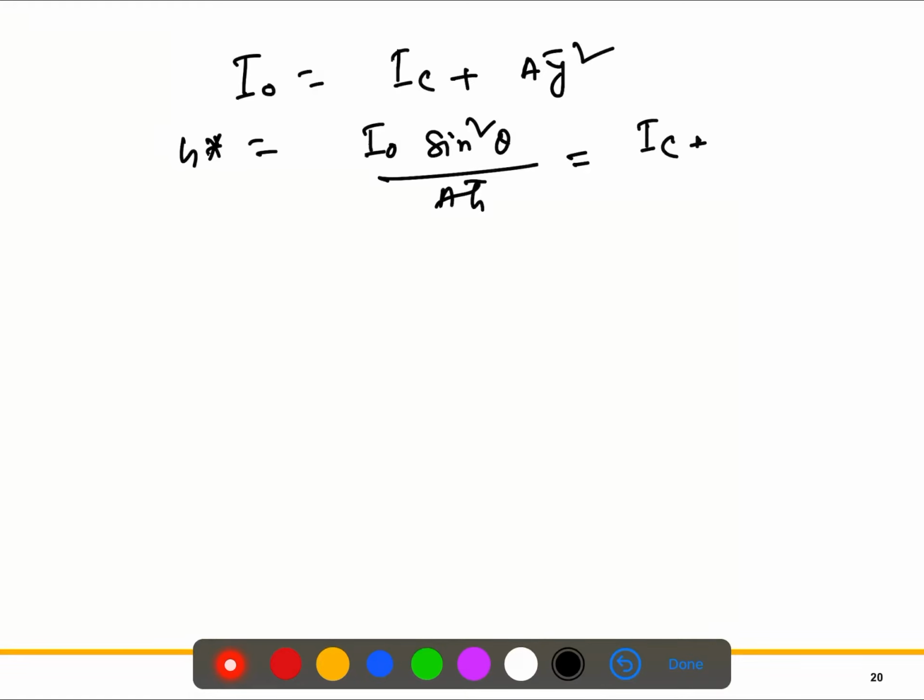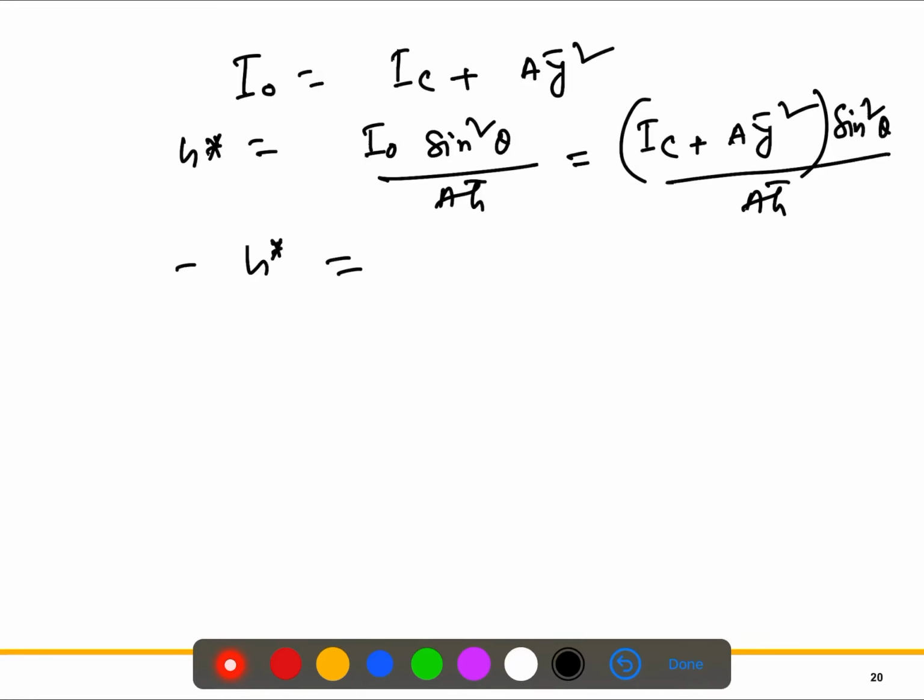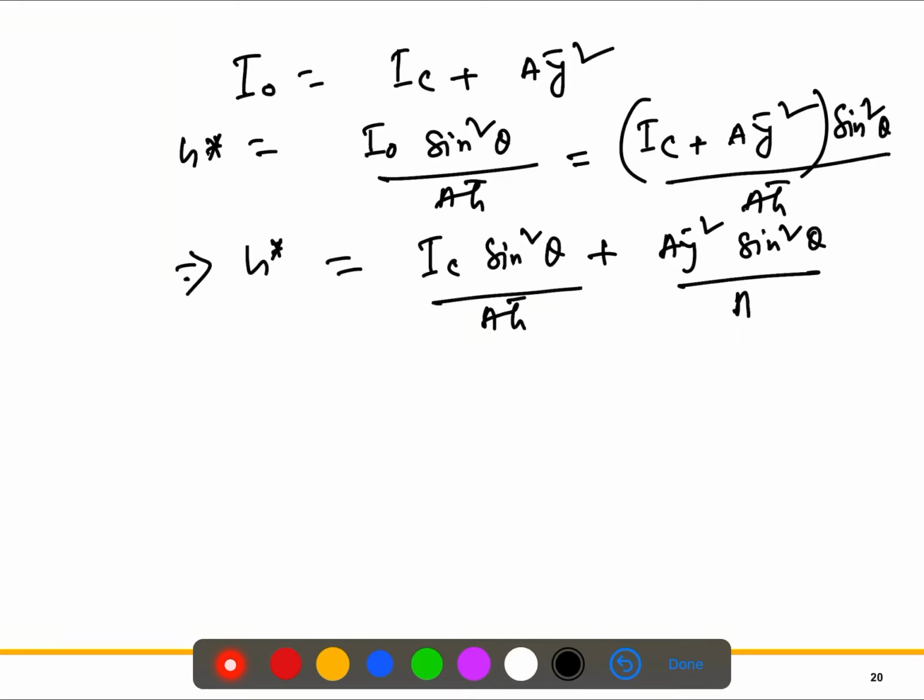So it is I C plus A y bar square, into sine square theta, over A h bar. If we write it down, h star equals I C sine square theta plus A y bar square sine square theta, over A h bar, for both sections.